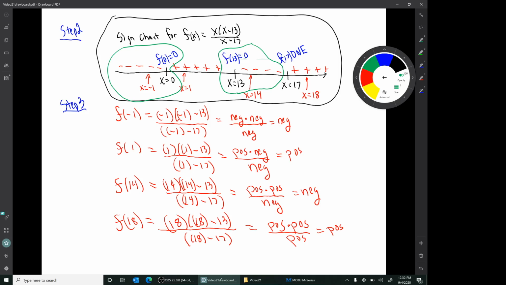We can't say that the y value at x equals 17 is less than 0 or less than or equal to 0 because there is no y value for that comparison to be made. So when we make our picture of the solution set, we have to be very careful. We have to include the endpoints x equals 0 and x equals 13, but not the endpoint x equals 17.